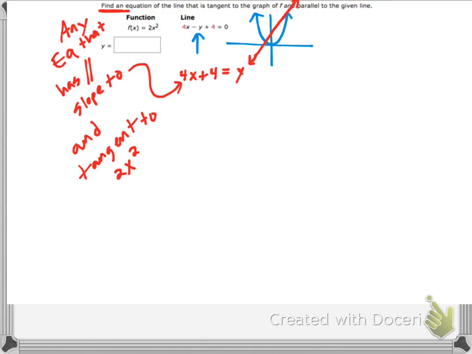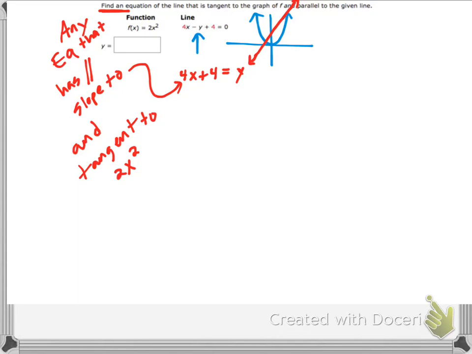So it's not just I want it to have a slope of 4, I need it to also be tangent to 2x squared, touch it in one spot. So 4x plus 4 isn't tangent to the x squared graph, it just cuts right through it. Where else could I put a line that's tangent to the parabola, touches it in one spot, just teeters on it, but still has that same slant of 4?